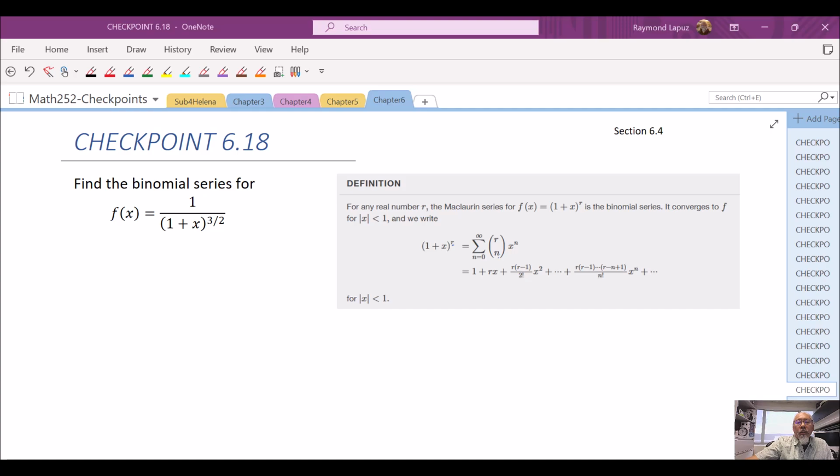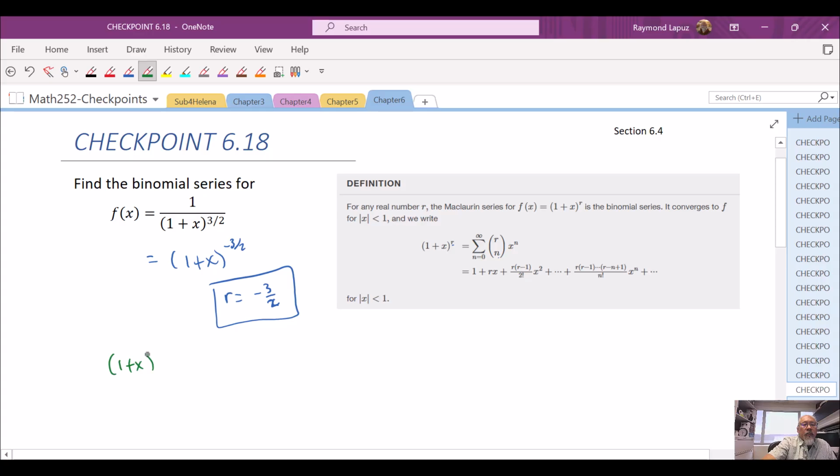Well, if we write this as 1 plus x to the negative 3/2 power, then we can identify that r in this case is equal to negative 3 over 2. And once we know that, then we can set up our series. So our series will look like 1 plus x to the negative 3/2 will equal, okay, we'll start off with 1. And then we have r, that's negative 3 over 2 times x.